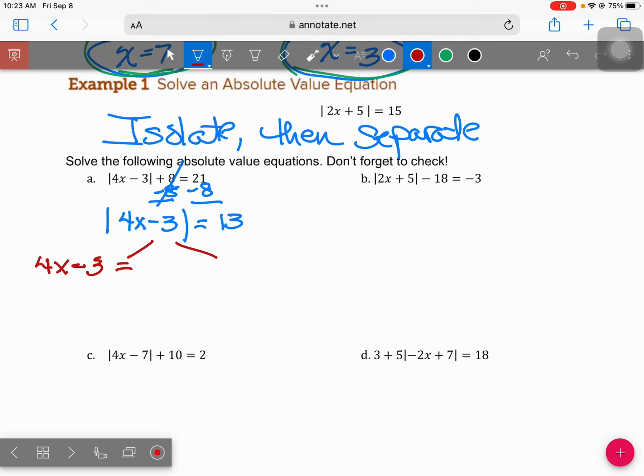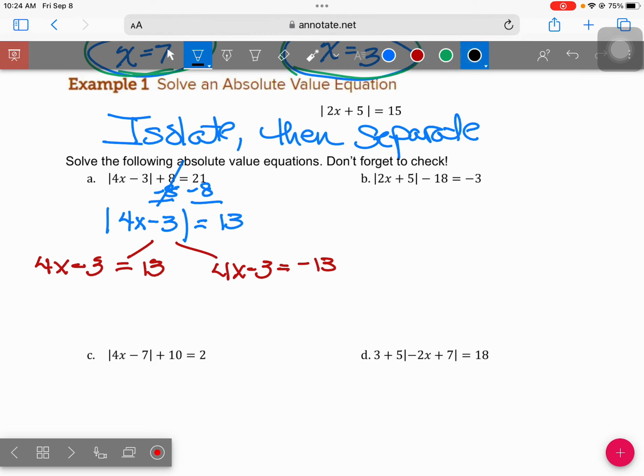Well, I'm going to set this equal to 13 because 13 is 13 units away. And I'm going to set it equal to negative 13. Okay. And notice I lost my absolute values there. Once you have it isolated and you put it into the two cases, lose the absolute values.